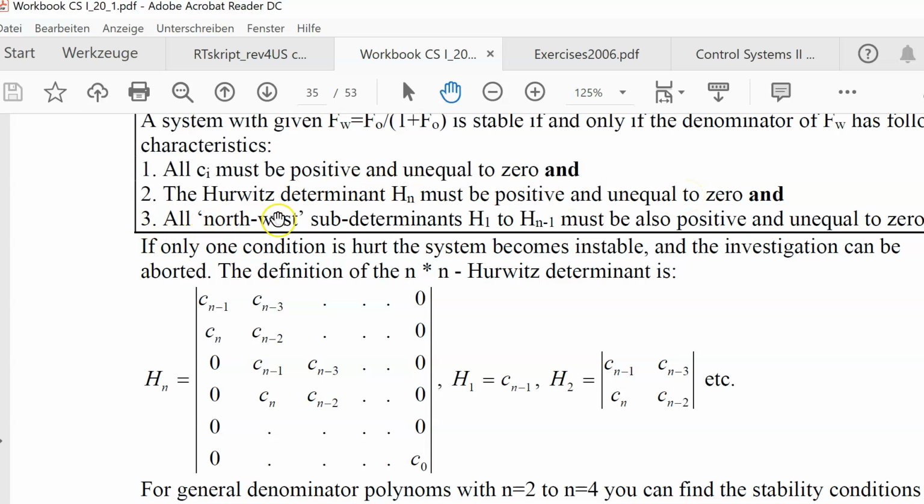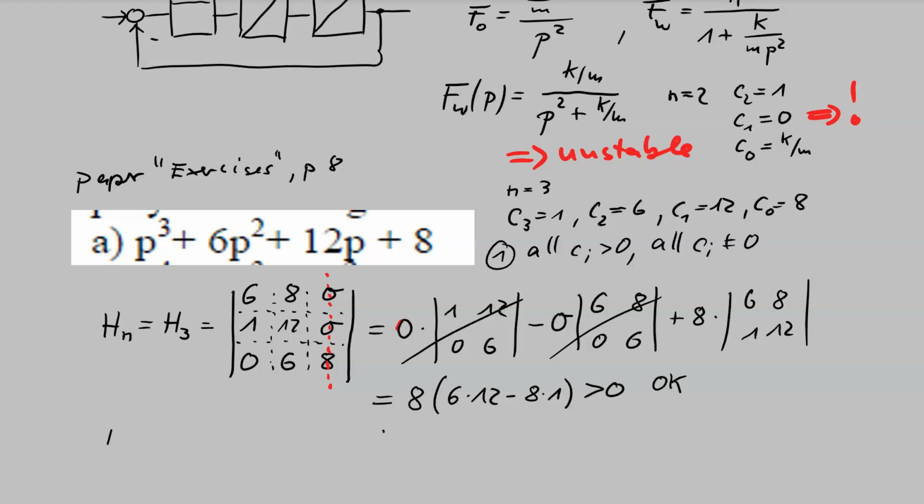Now the third condition, all northwest subdeterminants. What are these subdeterminants? First we have H1, the subdeterminant 1 times 1, so that is just the top left cell. This is always Cn minus 1.